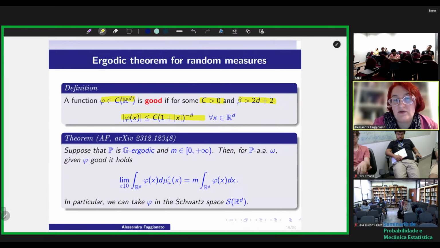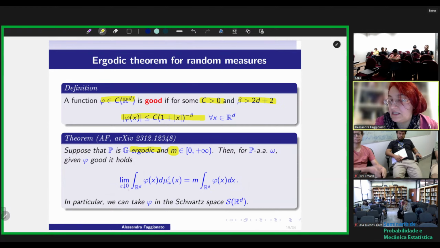And then I have this theorem. So consider the previous setting where I have a random measure and I have the covariant relation. Then, if the action of the group on the probability space is ergodic, and if the intensity is finite, then for almost all omega in the probability space, given any good function phi, simultaneously for all phi, the following holds.